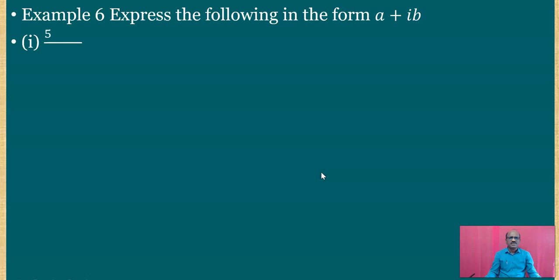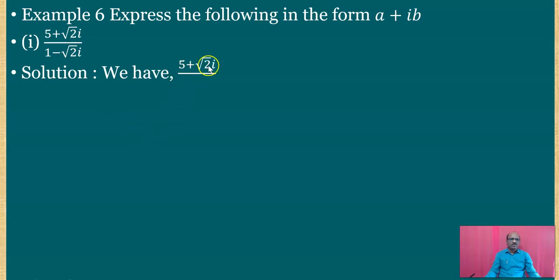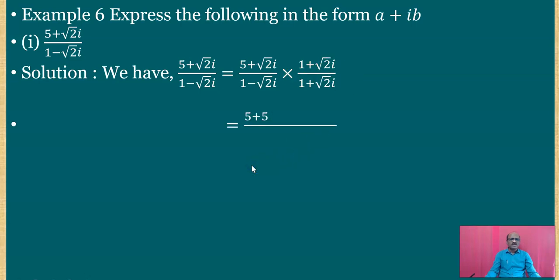Next example: express the following in the form a plus ib. The first is 5 plus root 2i upon 1 minus root 2i. Solution: we have 5 plus root 2i upon 1 minus root 2i, multiplied by its conjugate 1 plus root 2i.